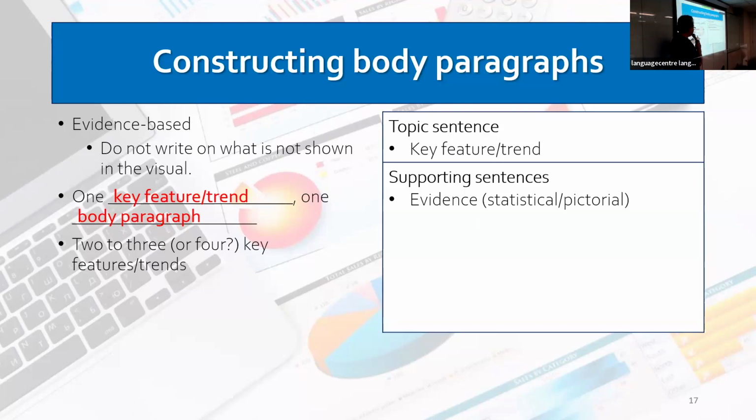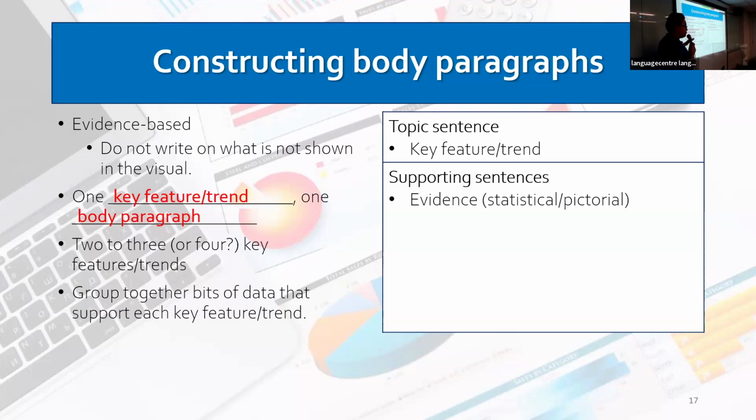Some people suggest including 4 key trends or key features, but as you can see here, I put this point with a question mark, because I wonder if you can really talk about 4 key features or key trends in your information report. 2 to 3 may be enough. 4 may be too many, and you won't have enough time to cover the 4 features or trends.